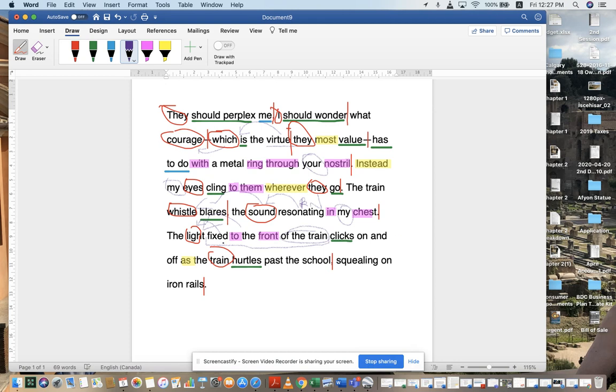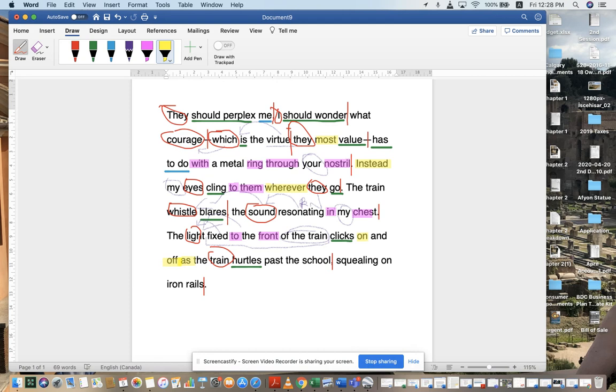Okay, and only then, after we've used this predicate, predicate nominative, to describe the light, we then get into the main verb or the main predicate here. So on and off is, in this case, an adverb, because it tells you how it clicks.